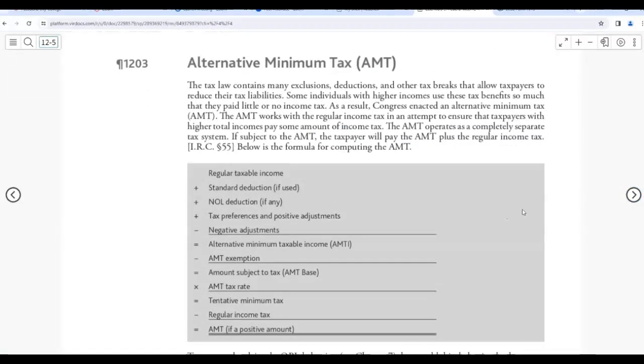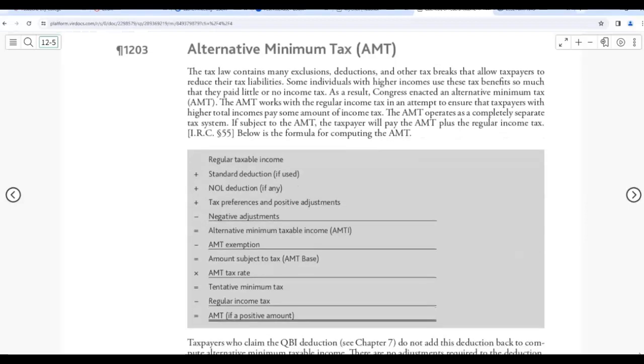Okay. Let's look at this alternative minimum tax rule. It's hard to explain. We have to look at an example to make it a little bit more manageable. So the tax law contains many exclusions, right? And alternative minimum tax is saying that you need to pay some taxes no matter what.